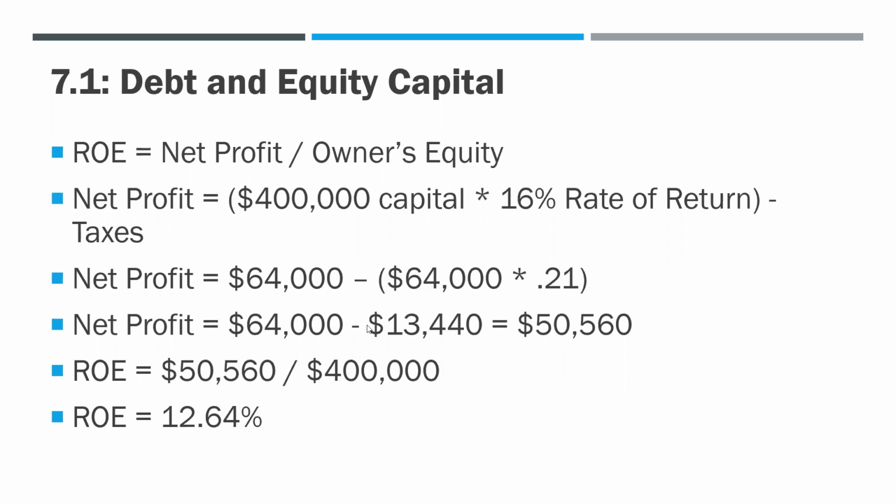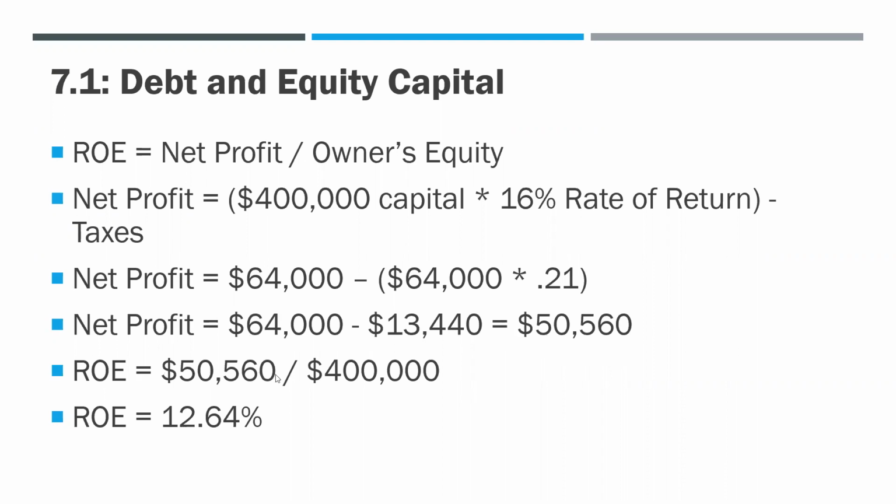So determining the income taxes by the multiplication of 64,000 times 21%, that gives us income taxes of 13,440. Subtracting that from our net profit before taxes gives us an after-tax net profit of $50,560.